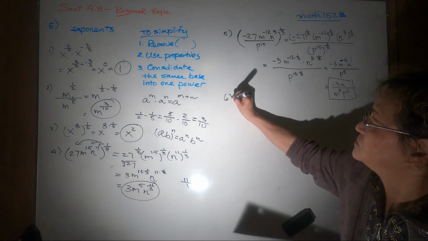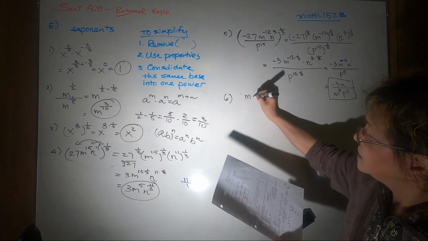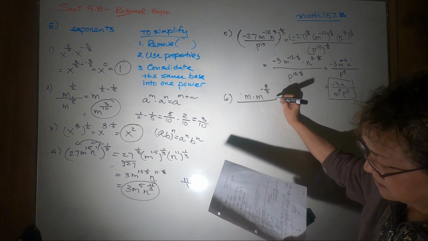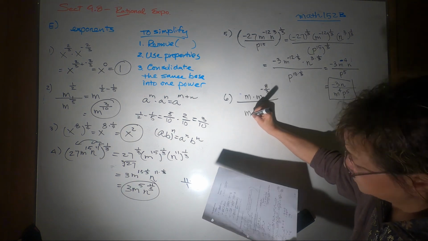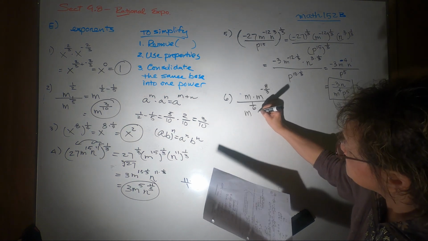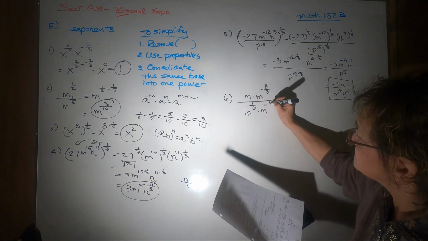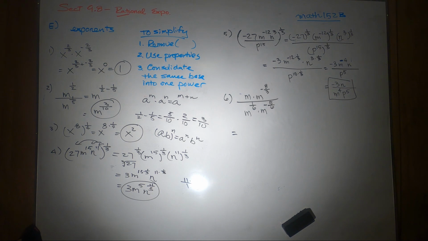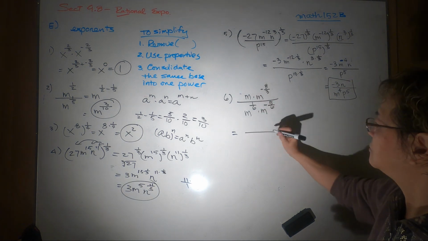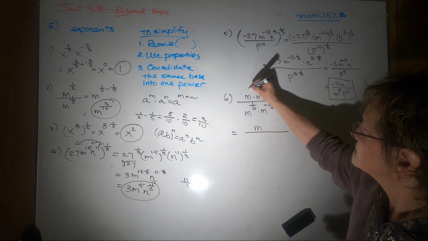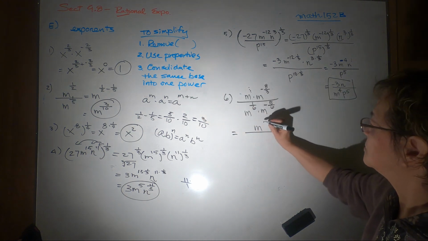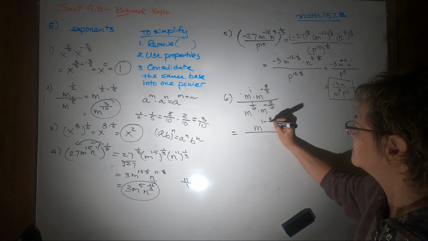Let's look at the next one. If you have m times m to the negative 3/8 and m to the 1/6 times m to the negative 5/6, too many powers, too many m's, consolidate them. On the top, m has an invisible 1. Product property, so it will be 1 minus 8/3.